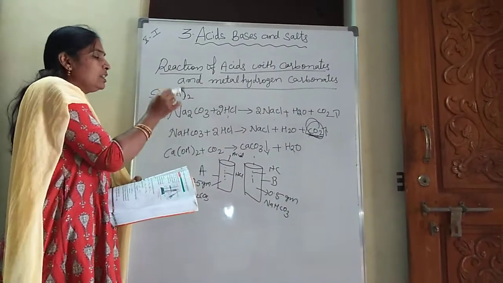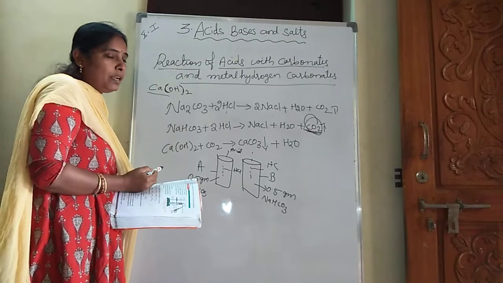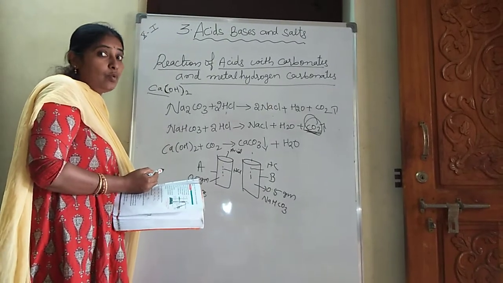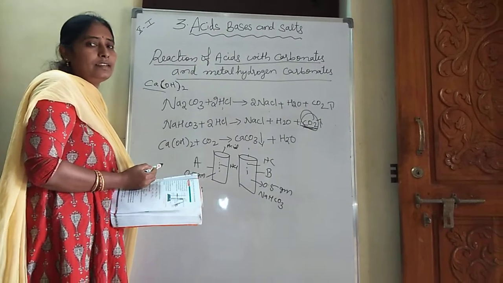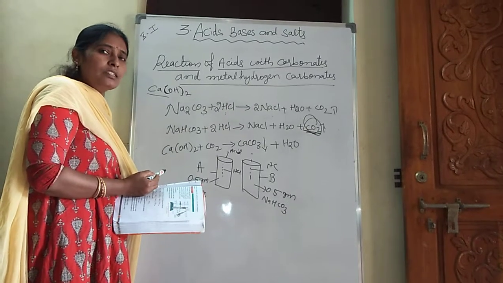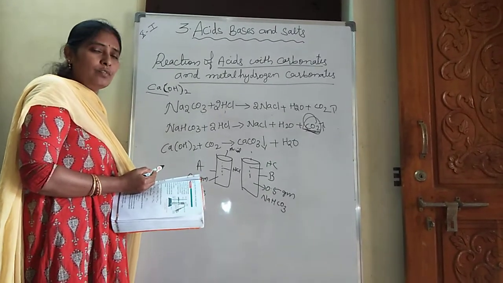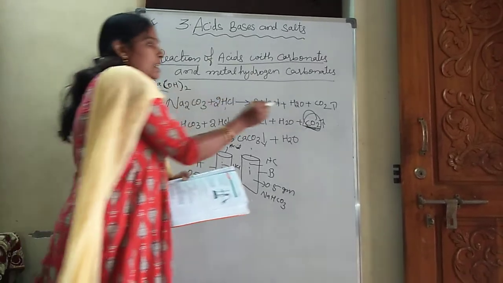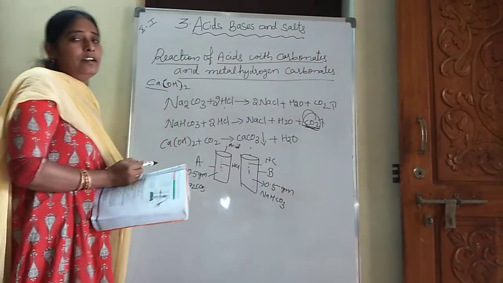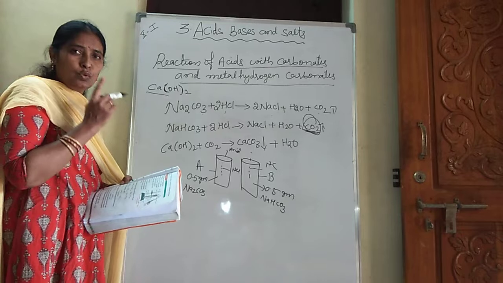Are you clear about the confirmation test for carbon dioxide? Students, now I explain the confirmation test for carbon dioxide. When lime water is passed through carbon dioxide or any colorless gas, if it converts into milky white, the colorless gas is identified as carbon dioxide. Already we studied two confirmation tests.